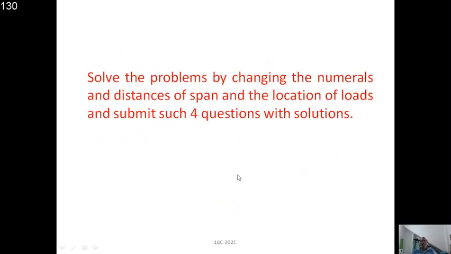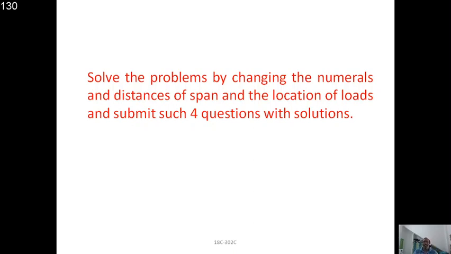So now I am requesting all the students, please solve the problems on your own by changing the numerals and distances of the span of the beam, and locate the loads as convenient, and use combinations of the supports and combinations of the loads, right?